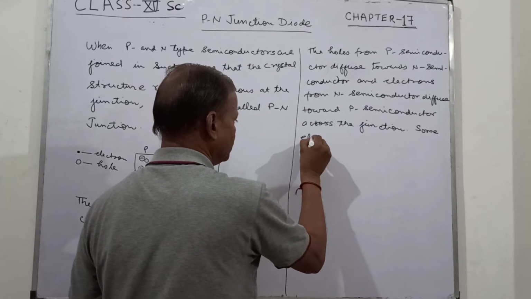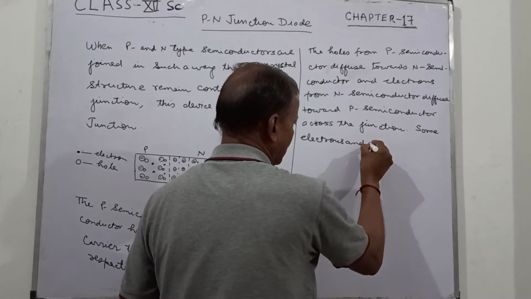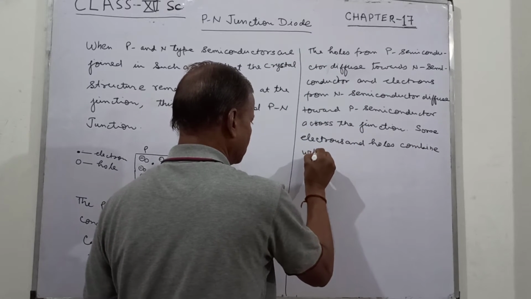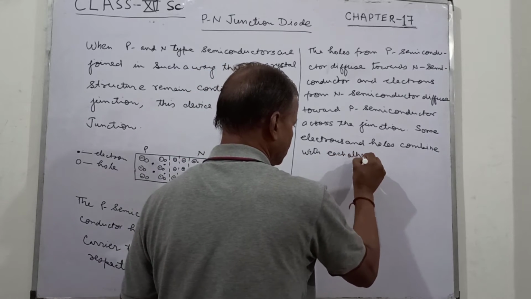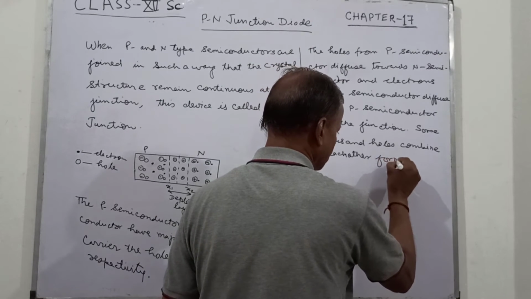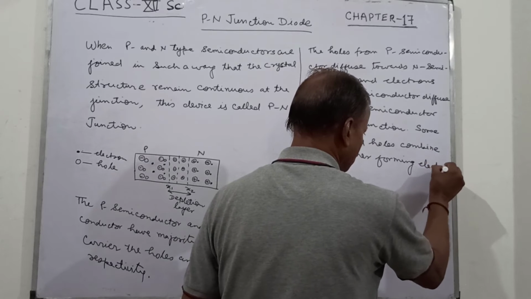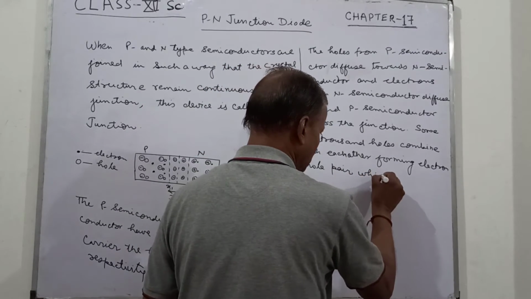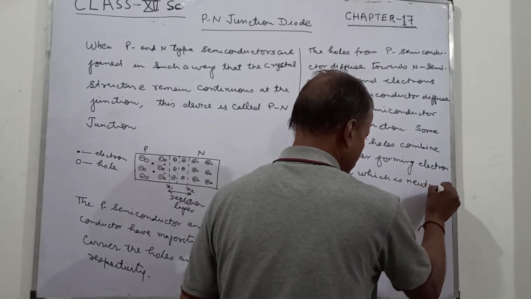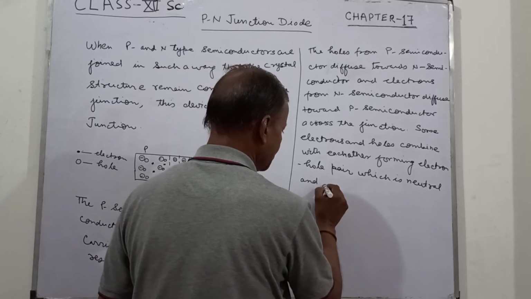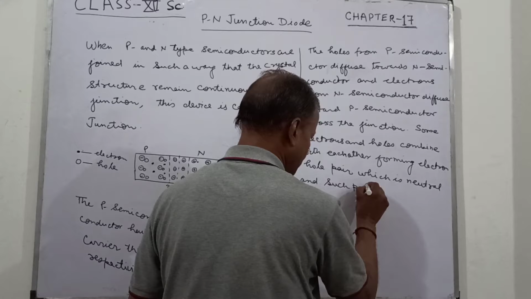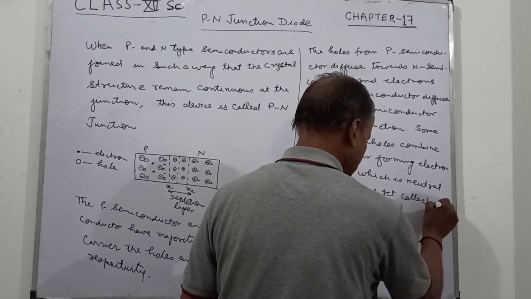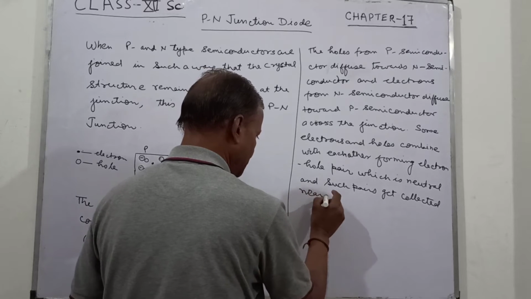Some electrons and holes combine with each other forming an electron-hole pair, which is neutral, and such pairs get collected near the junction.